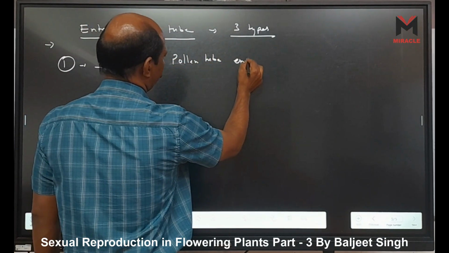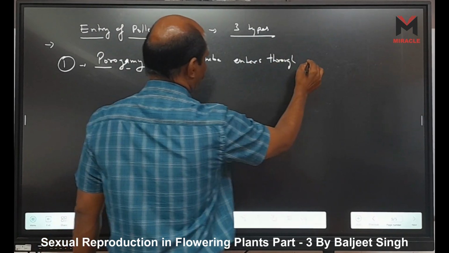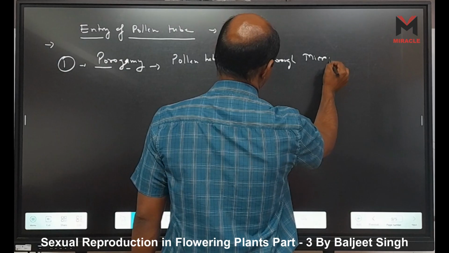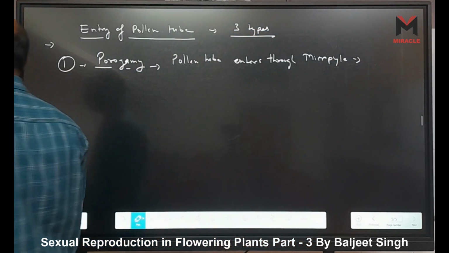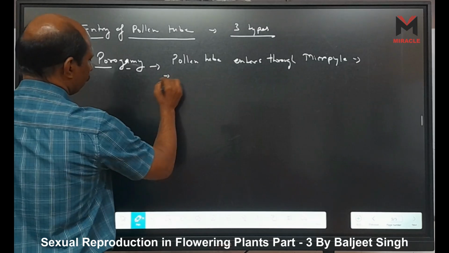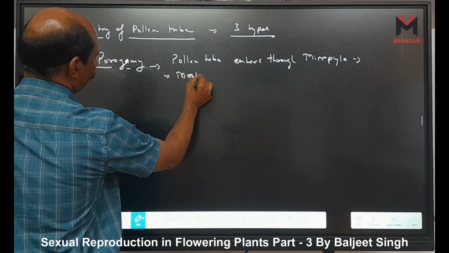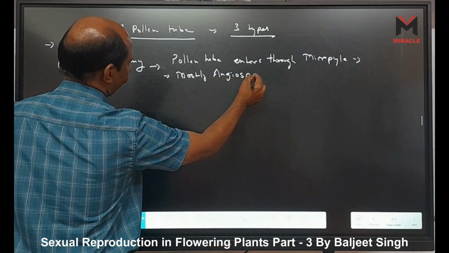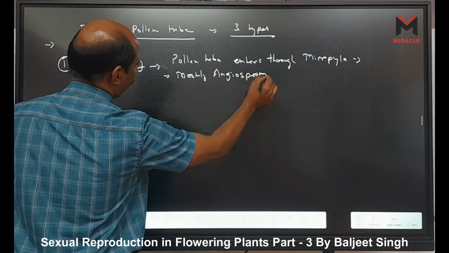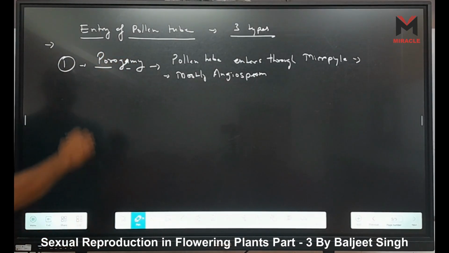enters through micropyle. When it enters through micropyle, this is called porogamy, and it is present mostly in angiosperms. Mostly angiosperms have porogamy.